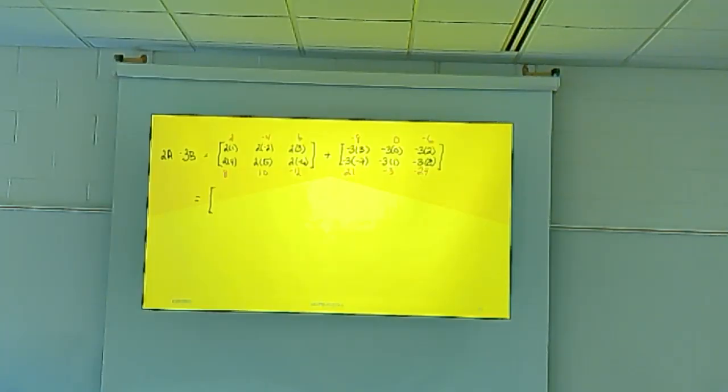So what is the 1, 1 entry? Negative 7. What about the 2, 1? 29. 1, 2. 2, 2. 1, 3. And finally 2, 3.